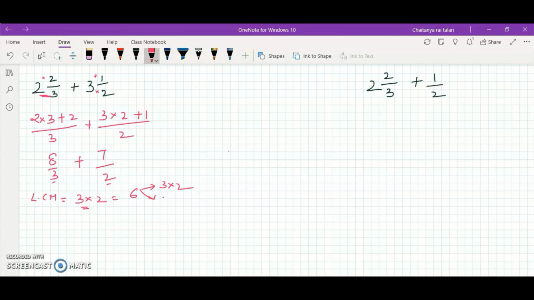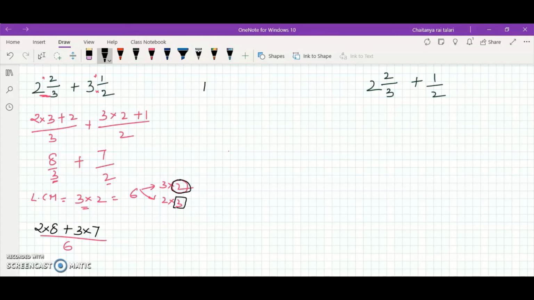This 3 cancels in 6 two times, so I write that 2 in the numerator into 8. This 2 cancels in 6 three times, so 3 times the numerator 7. So this becomes 2 into 8 is 16 plus 3 into 7 is 21, divided by 6.